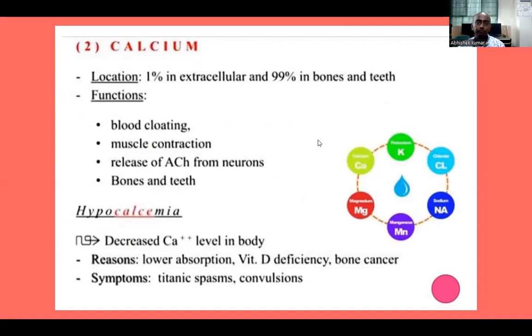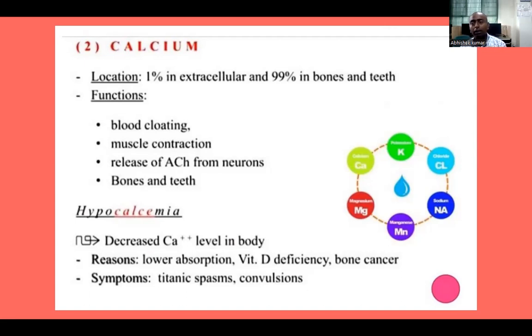Calcium. Only 1% of calcium is present in extracellular fluid, and the remaining 99% is present inside the bones and teeth. Functions of calcium: blood clotting, muscular contraction, release of ACh from neurons, and bones and teeth.